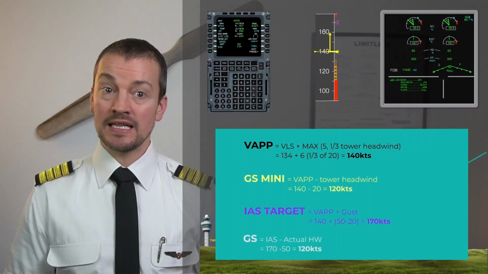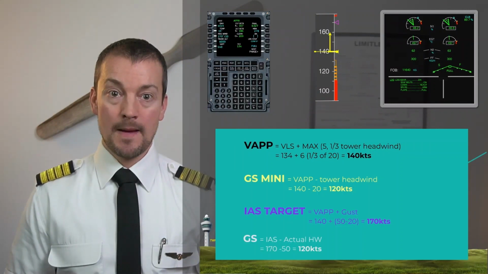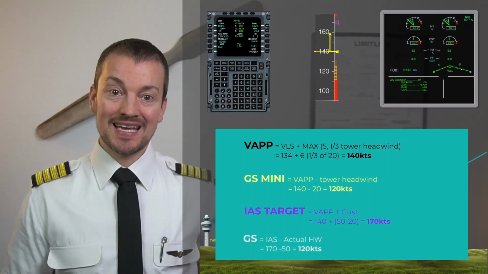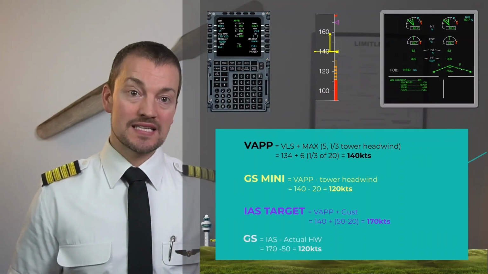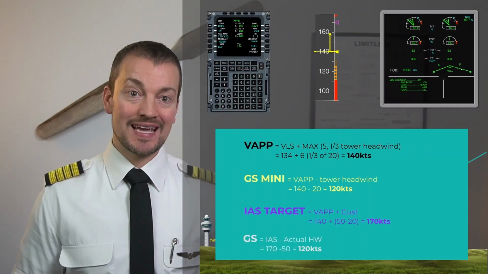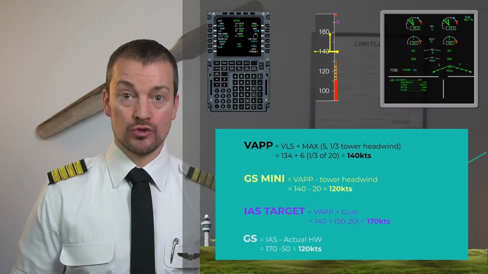The ground speed in this case is the indicated speed, 170, minus the actual headwind, which is 50, so it's maintained at 120. By increasing the target to 170, the aircraft ensured that the ground speed was maintained at or above the minimum ground speed, which is 120.